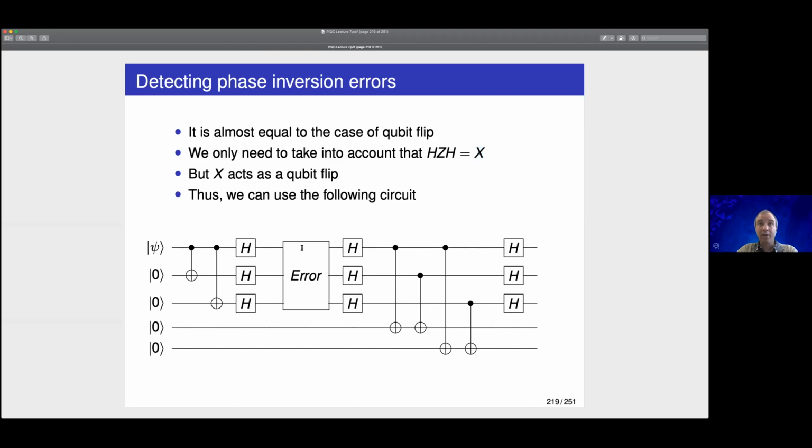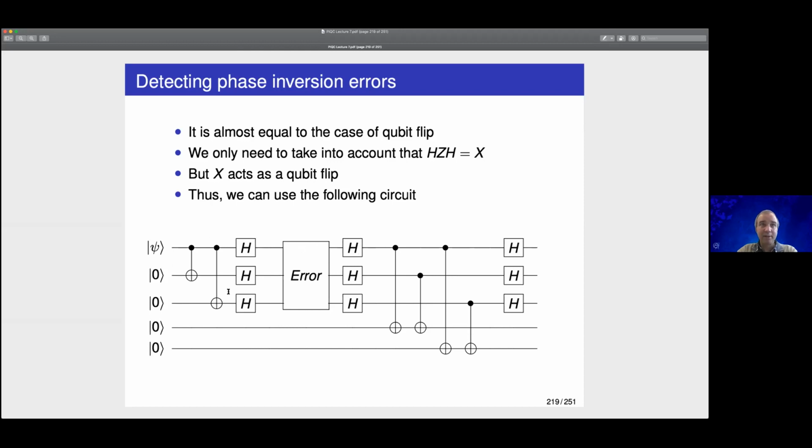So here, if the Z is at this qubit, we are going to have an X here, and we do not have errors in these two qubits because we are supposing that only one of the qubits is affected by the error, and then the Hadamard gate cancels with the other Hadamard gate. This Hadamard gate also cancels with this one, and what we have from this part is just an X gate acting on this first qubit.